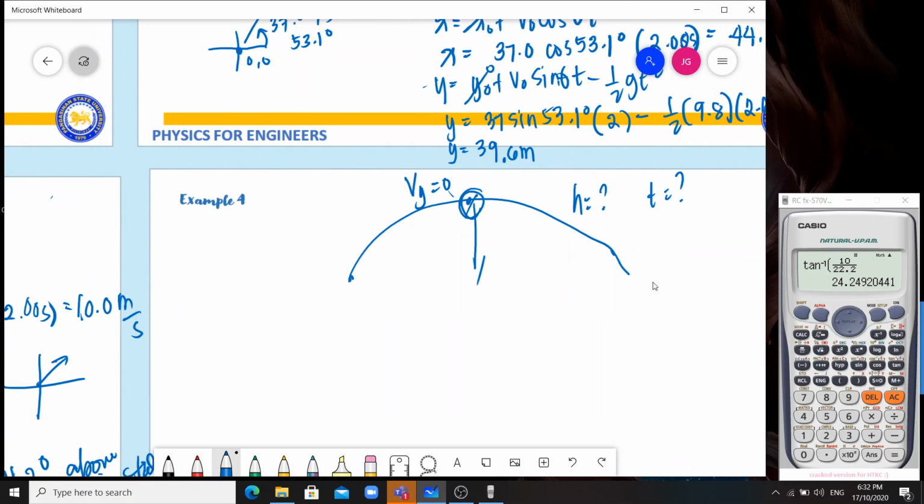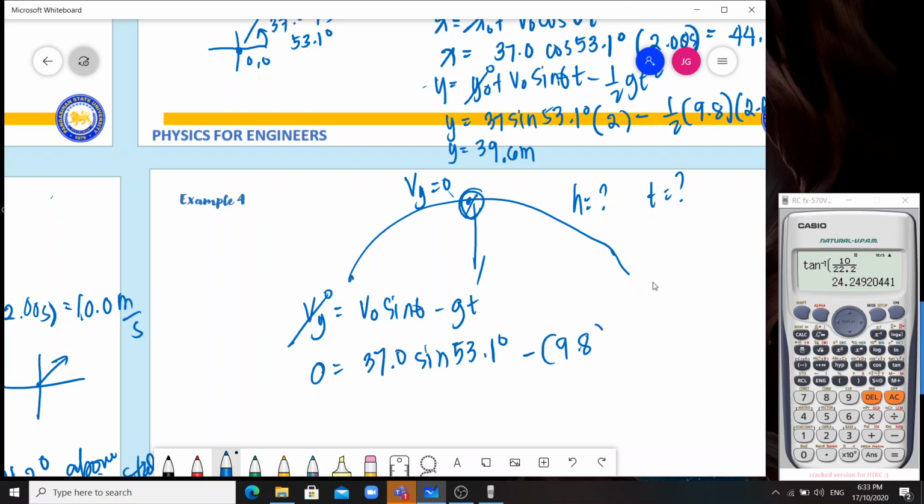So let's use this formula, V0 sin theta minus gt, and set it to 0. So V0 is 37.0 sin 53.1 degrees minus 9.8 times time. We are looking for the time.